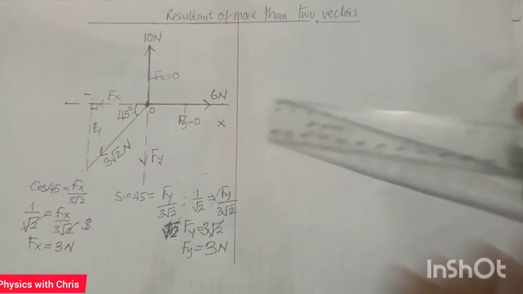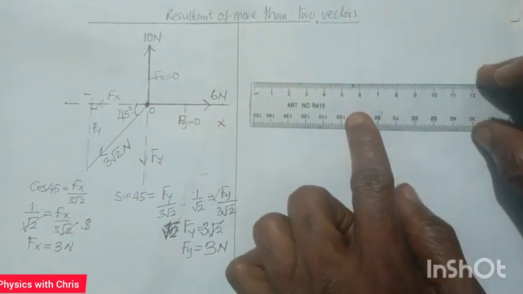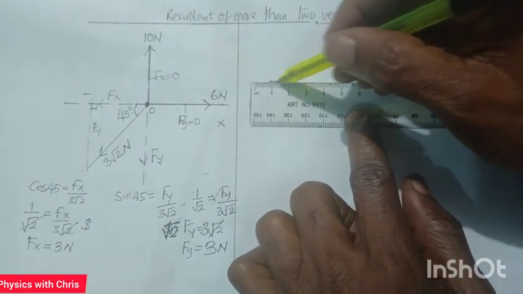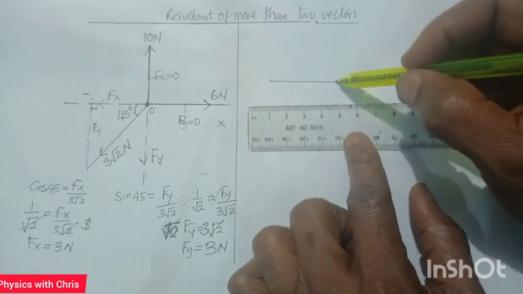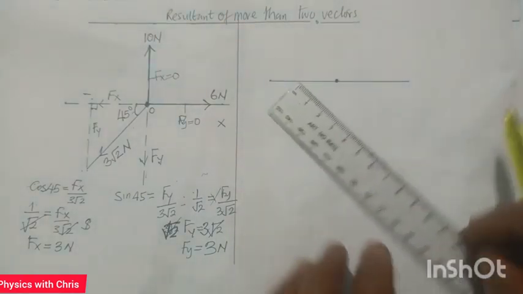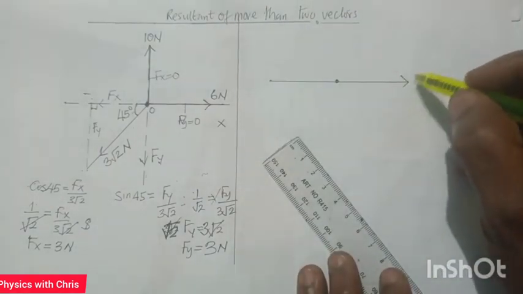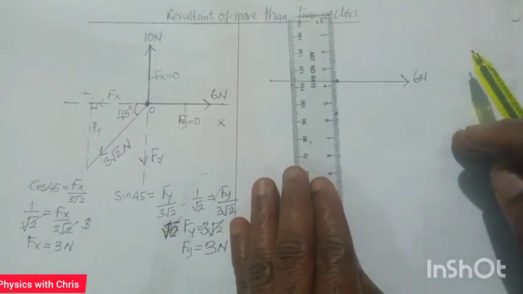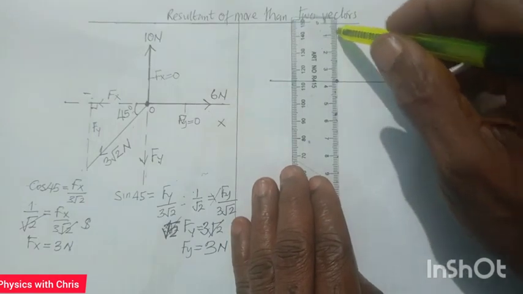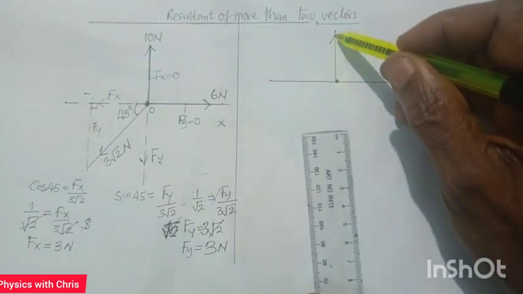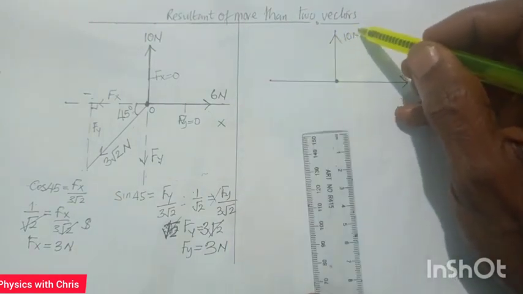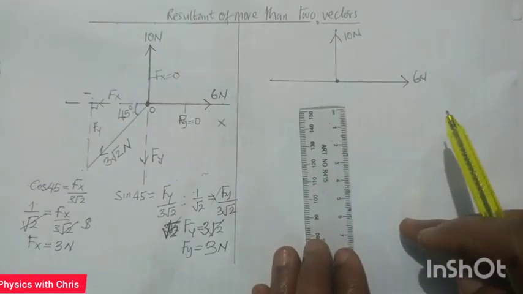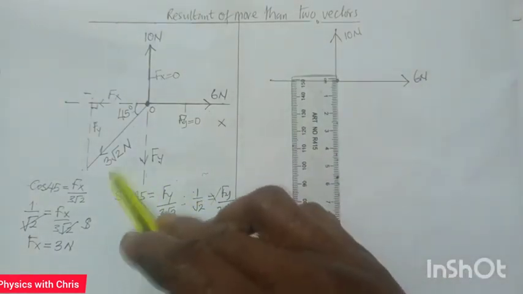I can redraw this diagram, indicating the forces acting. I have here 6 Newton. That is what is given here. I have the 10 Newton force acting vertically upwards. That is it here. Then my resultant force, 3 root 2 Newton.